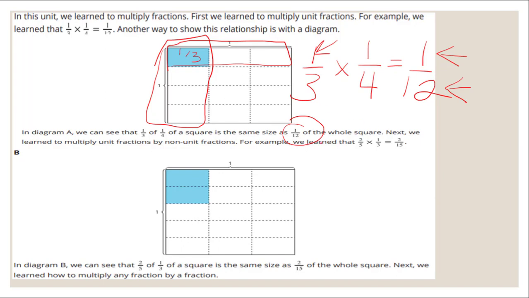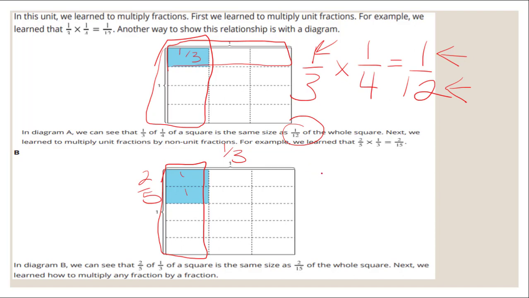Next, we learned to multiply unit fractions by non-unit fractions. For example, we learned that 2/5 times 1/3 is 2/15. In this diagram B, we can see that 2/5 of 1/3 of the square is the same as 2/15. So I have 2/5 out of one of the 3 columns.